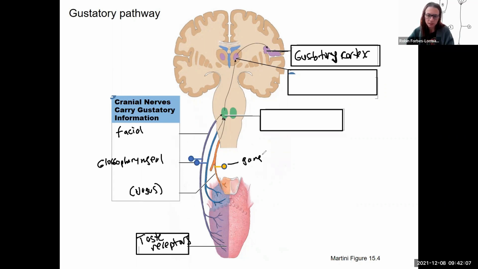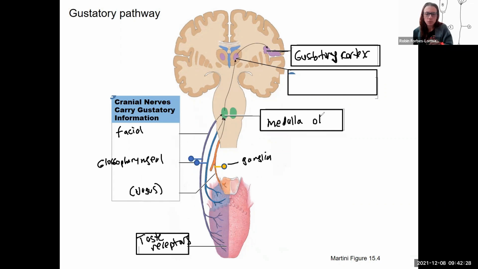The ganglia, dorsal root ganglia, actually much closer to the brain, because in this case, we're not going to the spinal cord. We are going to the medulla. These are cranial nerves, not spinal nerves.